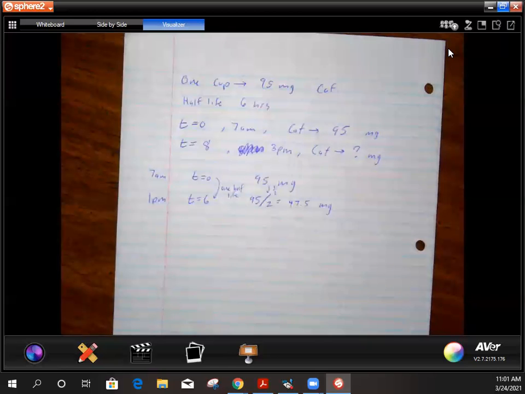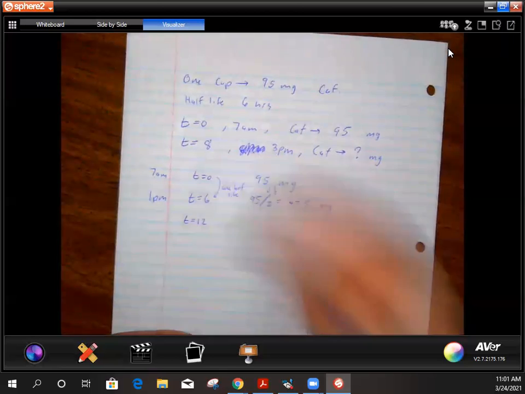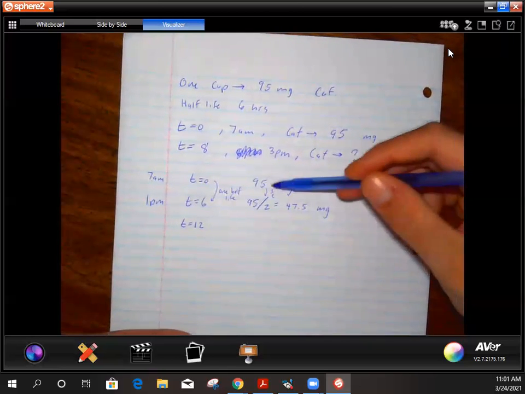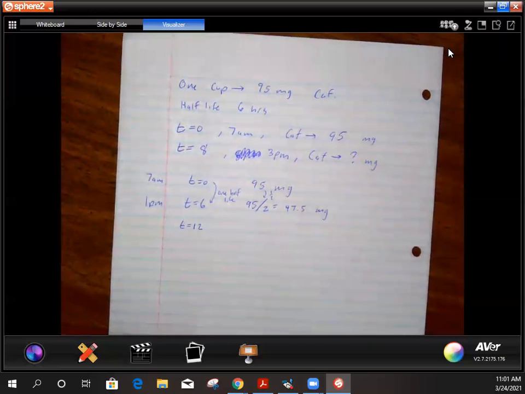So what that means is that in another 6 hours, the amount of caffeine in your body doesn't reduce by another 47.5. All right, that would be like a linear growth or decay where you subtract the same amount every time. This is exponential decay. So it gets cut in half again, not subtracted by the same amount.